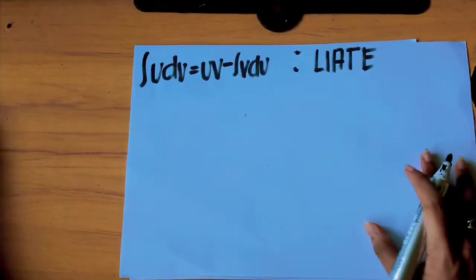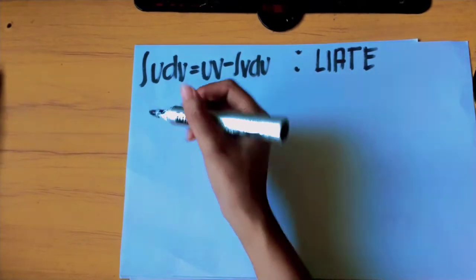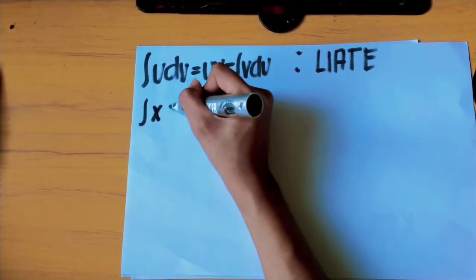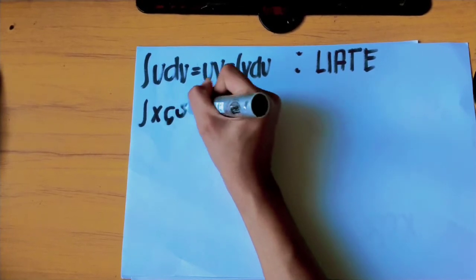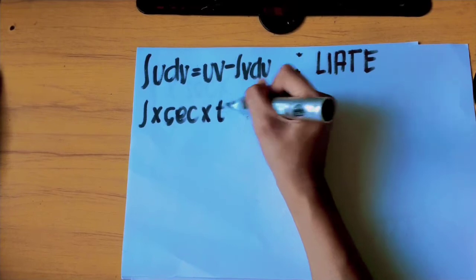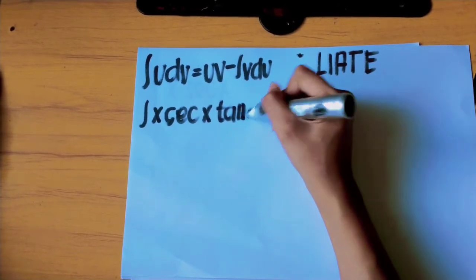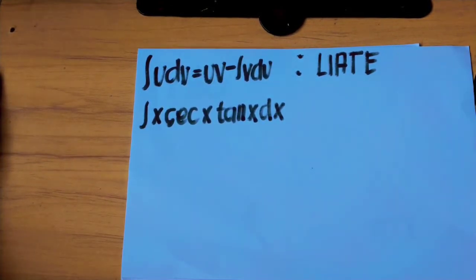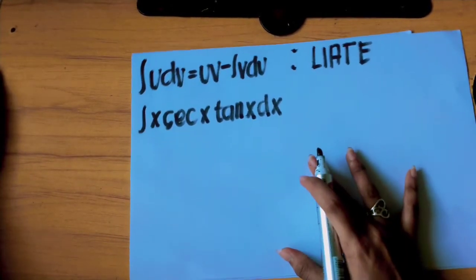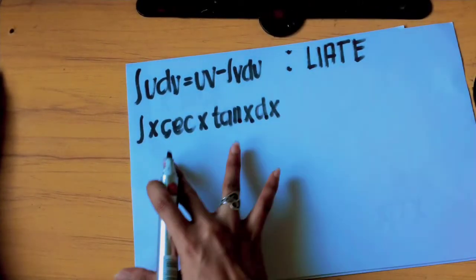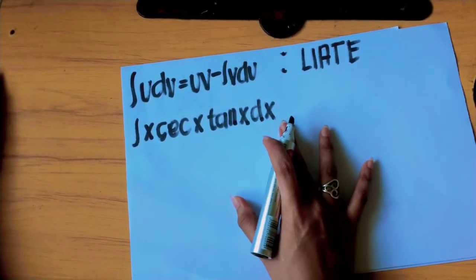Example is integral of x secant x tangent x dx. What is the u and dv? Alin dyan ang u at dv?